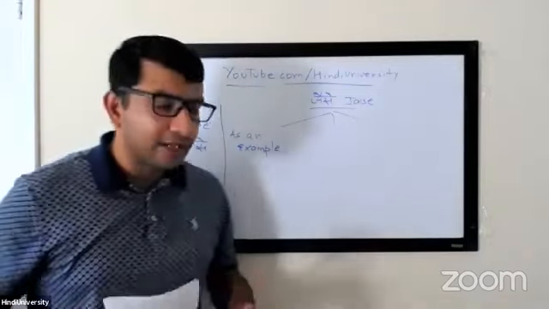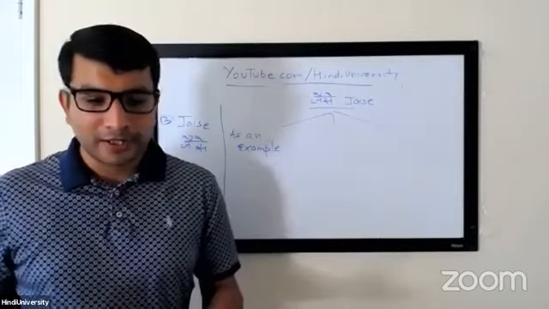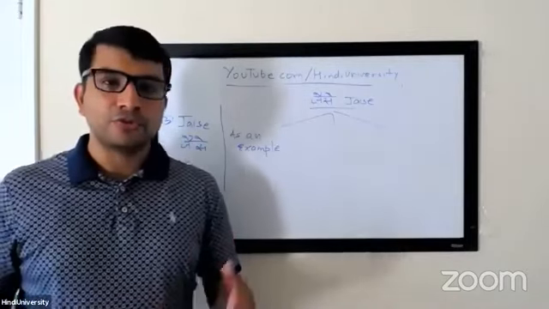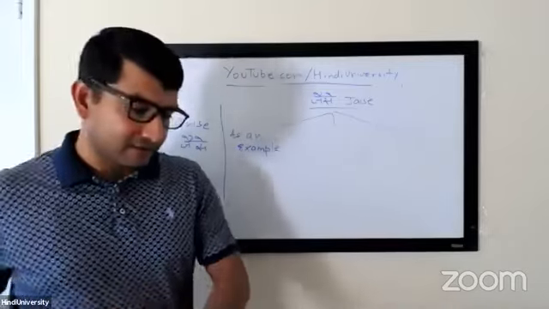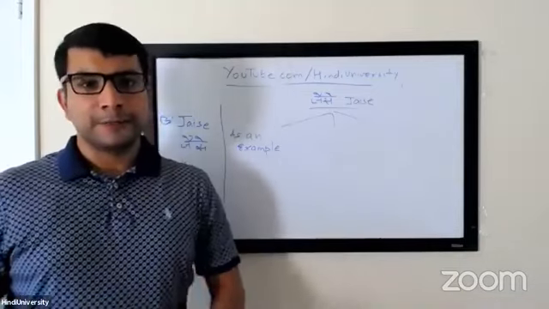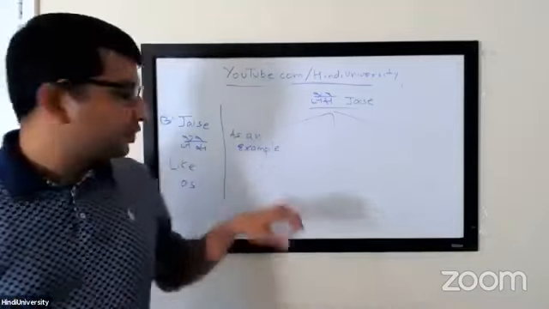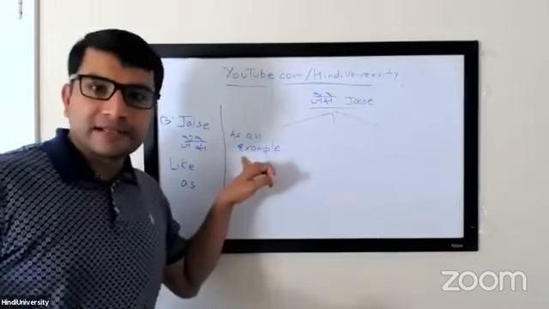So let's say I'm telling you like there are 5 types of languages. I'm just making it up. Okay. And then I'm giving you jaise, meaning like, for example, you know, Hindi is an SOV language, English is SVO language. So there you will use jaise, where it means as an example.